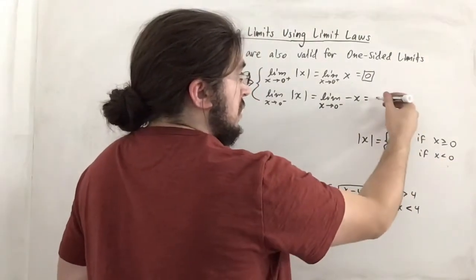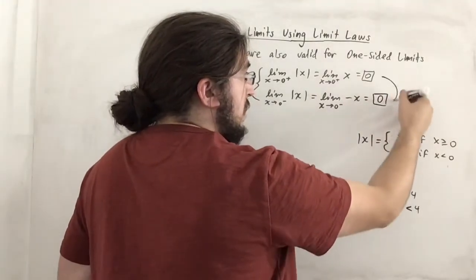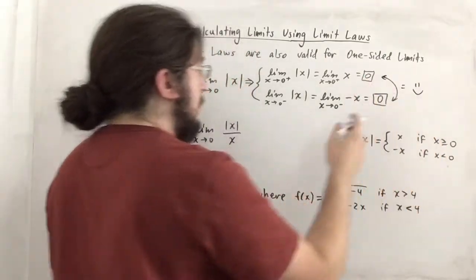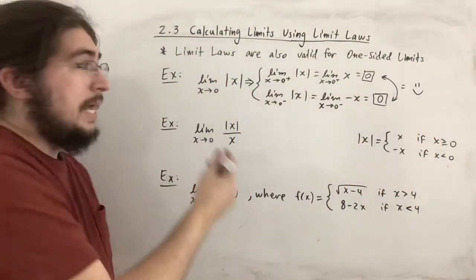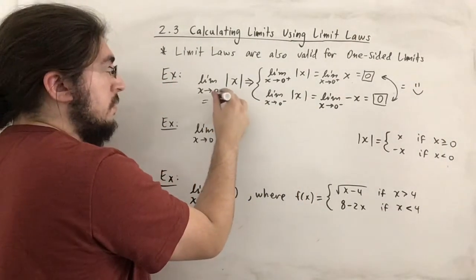So notice this is just negative 0 by DSP, which is also 0. Since these two agree and are equal, we're in a good scenario, because that means this limit is the same as that, and in fact is 0. So this implies that this limit is equal to 0. Perfect.